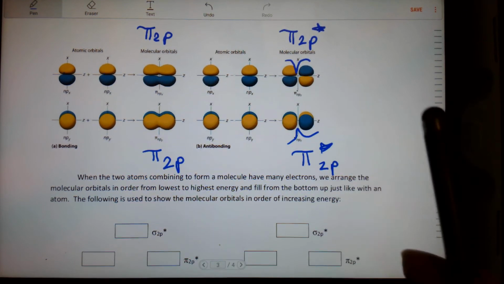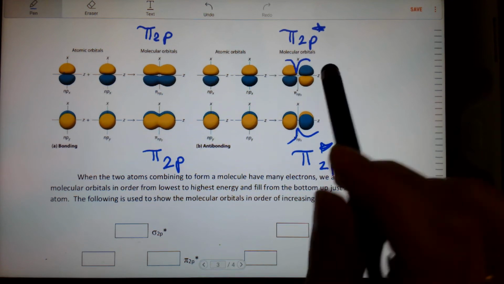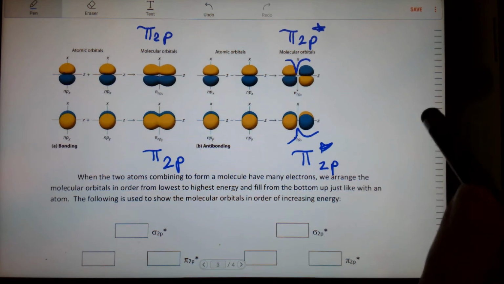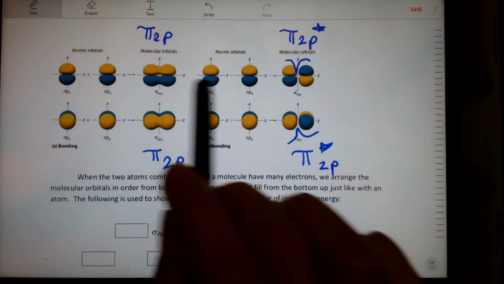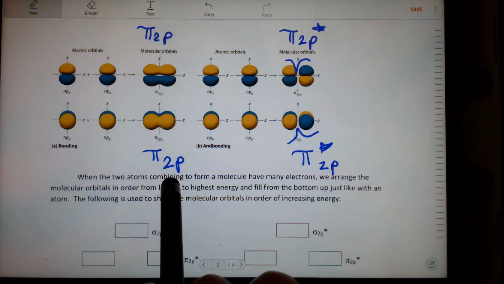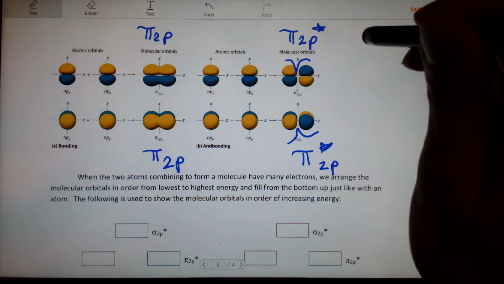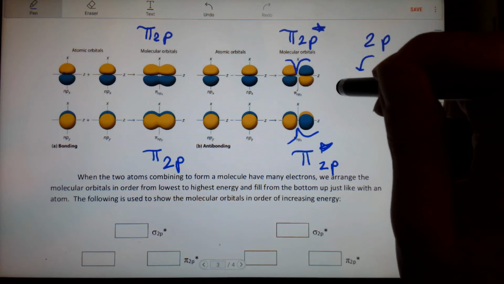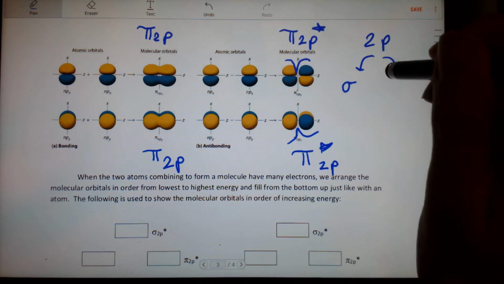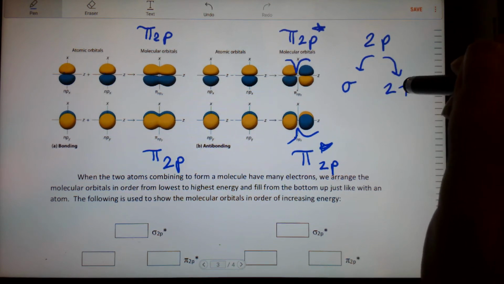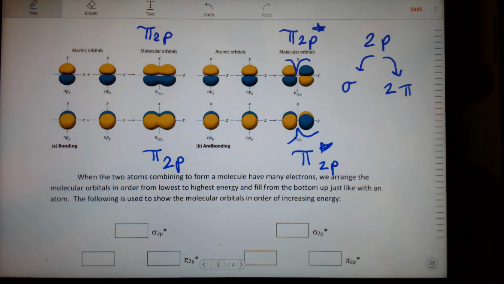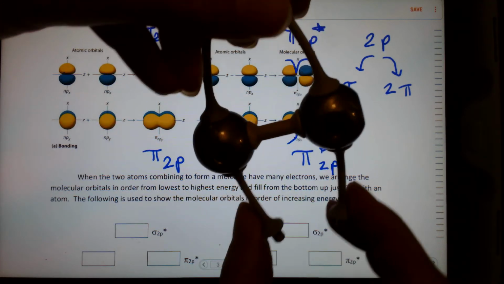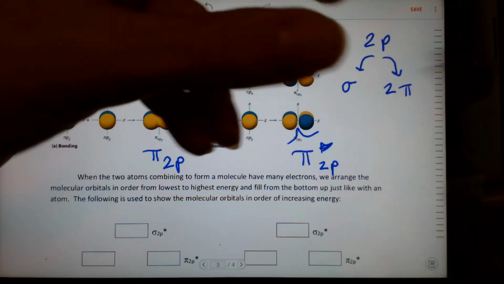So from a 2p or any kind of p subshell, we get 1 along the axis and 2 that are going to be pi. From a 2p atomic orbital, we get 1 sigma molecular orbital and 2 pi molecular orbitals: 1 along the bonding axis, which we just saw, then 1 up and down this way, and 1 up and down this way.